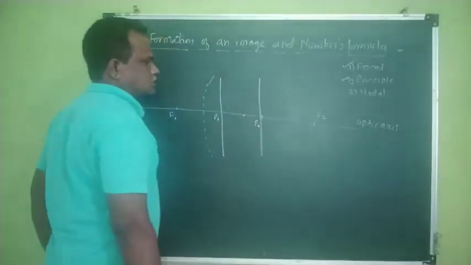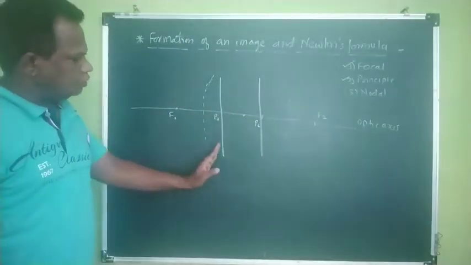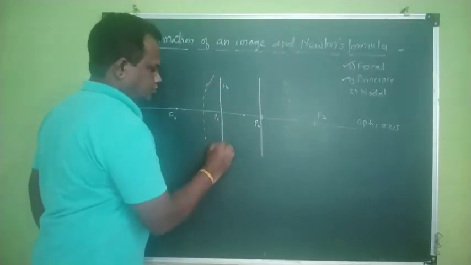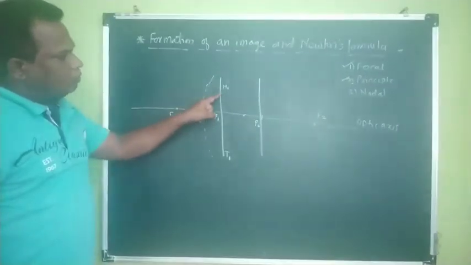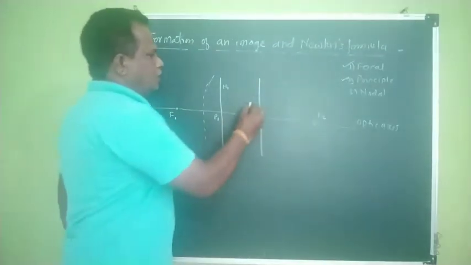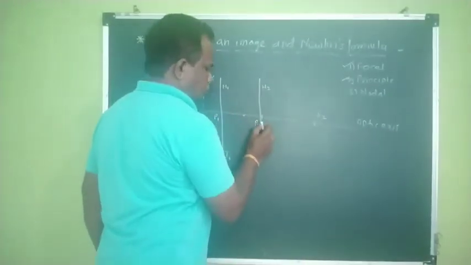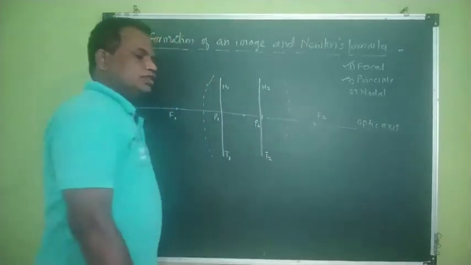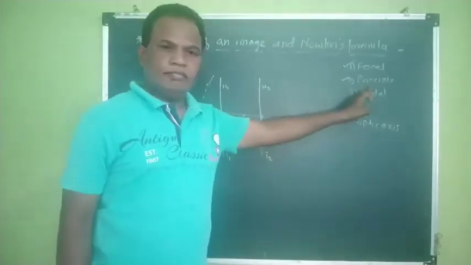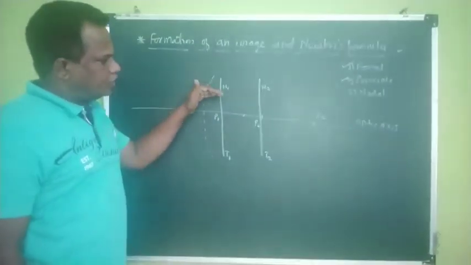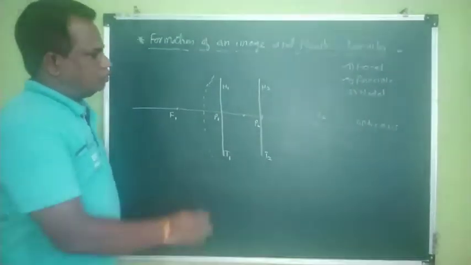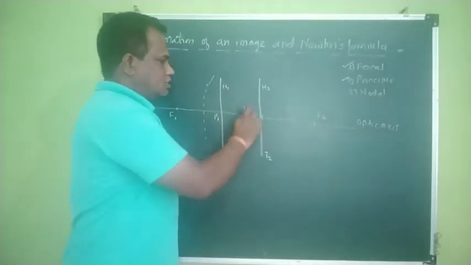I will give them the names H1, P1, T1 for the first principal plane, and H2, P2, T2 for the second principal plane. What is the property of the principal plane? If a ray is incident on the first principal plane at a certain height, then its emergent ray will start from the second principal plane at the same height.